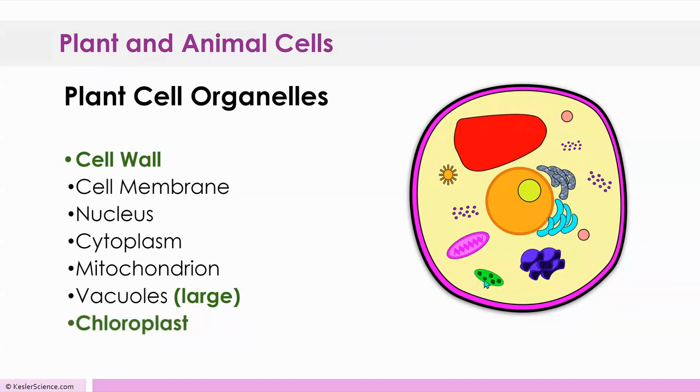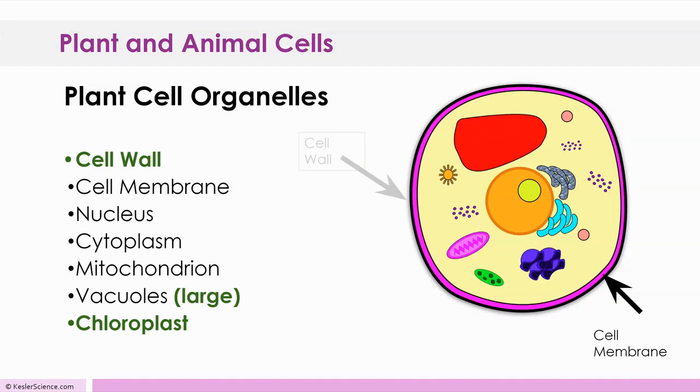And then the chloroplast is this green thing. So you can see the things that are unique to plants: the cell wall, a large vacuole, which is right here, and a chloroplast. Those things are unique to plant cells instead of animal cells.